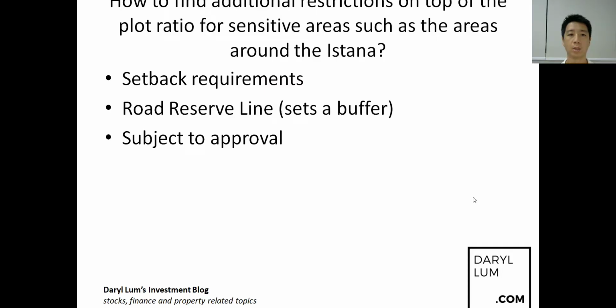And there are many other ways whereby the URA sets other restrictions on various plots of land. One of them is setback requirements. We'll talk about this in a later video. Then there's this thing called the road reserve line. There are categories like 1 to 5 road reserve lines.